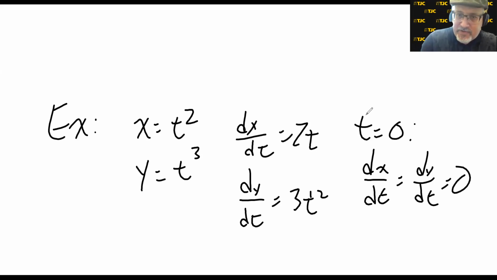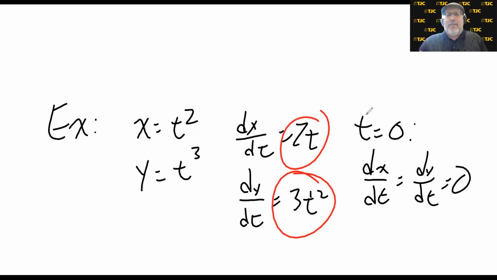Pretty easy to see if you put 0 there and there. So what happens when both derivatives are 0 simultaneously? Well, we'll check that out in the next video.